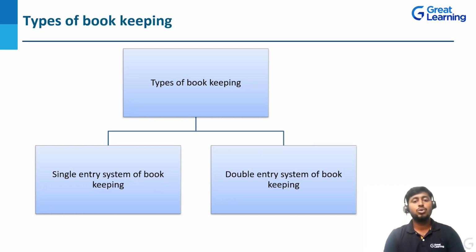These are two different topics. So we'll see what the different types of bookkeeping are. Here they are broadly classified into two categories: one, single entry system of bookkeeping, and the second one, double entry system of bookkeeping. We'll see what we mean by the single entry system and the double entry system with examples.